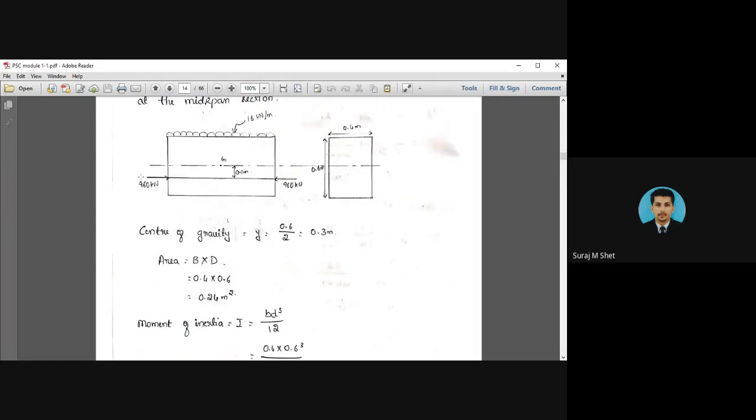See, this is your force, 960 kilonewton, acting at a distance of 0.1 meter. That's why force into this distance. Resultant stress is equal to force divided by area plus 960 kilonewton into 0.1. That is P into E.